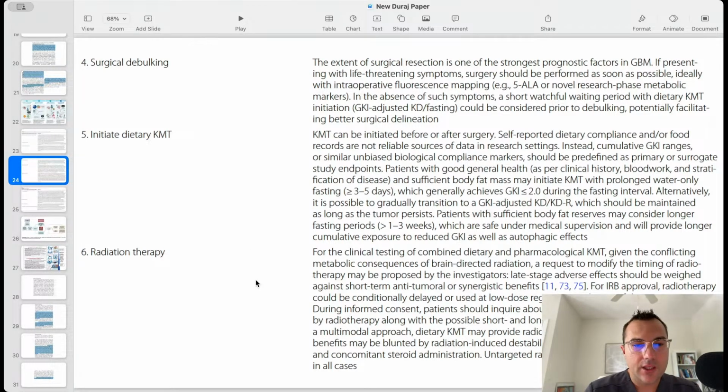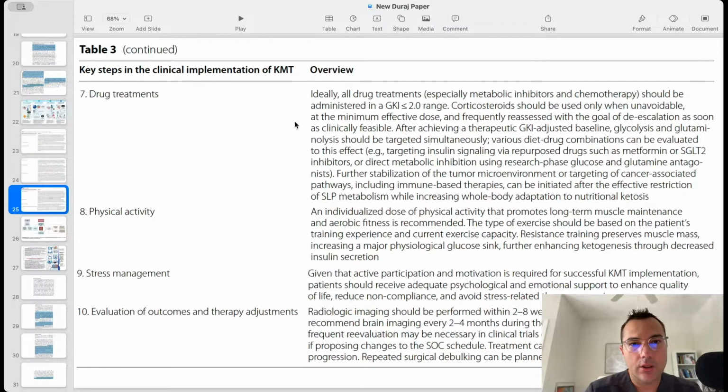And then he goes on a little bit about radiation therapies, how it's probably going to give you some short-term benefit, but maybe not the long-term benefit you're looking for, because you're freeing up so much glucose and glutamine in the process. He talks here again about corticosteroids, or the use of prednisone, or classically within neuro-oncology, they use dexamethasone, which is another corticosteroid that's going to raise your blood sugar, decrease inflammation, swelling.